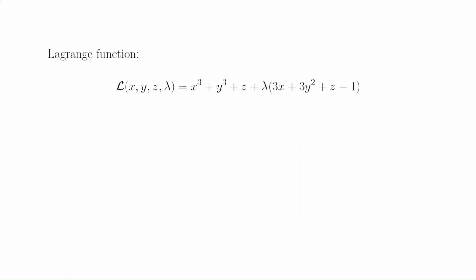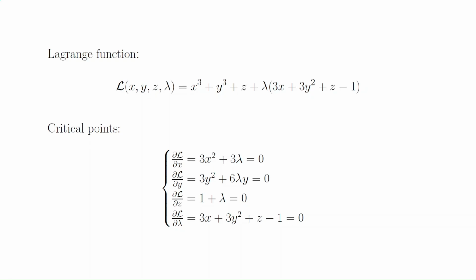We build the Lagrange function, which is f plus a Lagrange multiplier lambda multiplied by the expression that we obtain after having moved the constraint function g and its constant to the left side of its equation. This Lagrange function depends on the 3 original variables and on the new Lagrange multiplier.